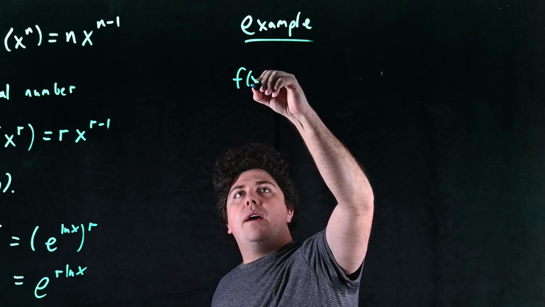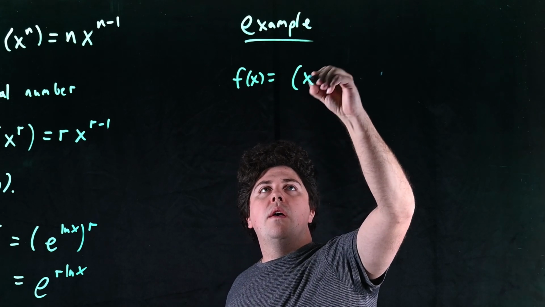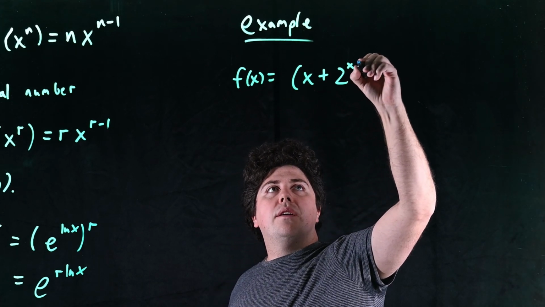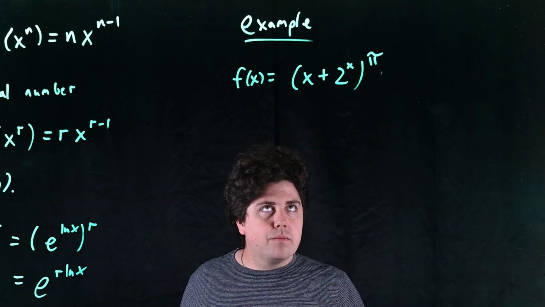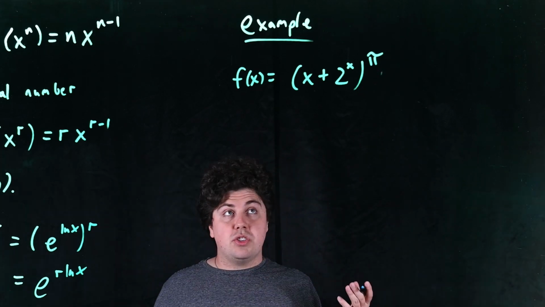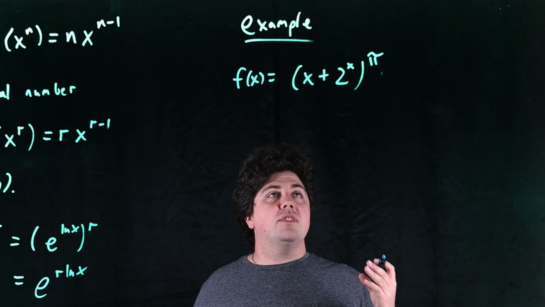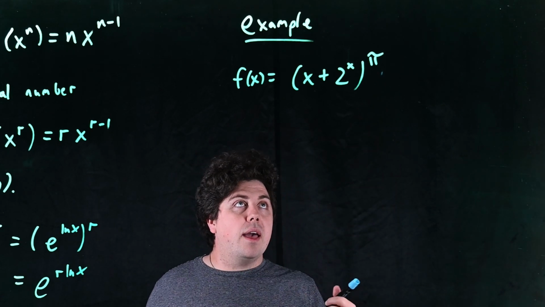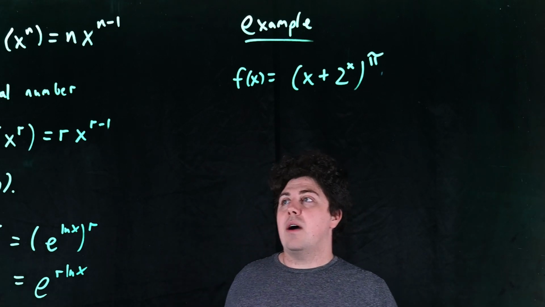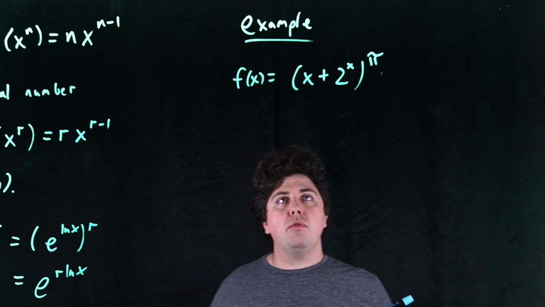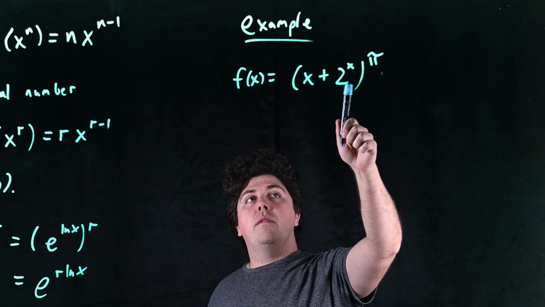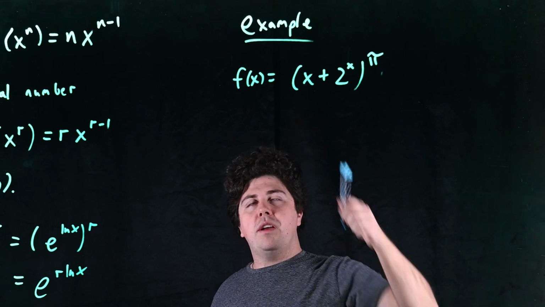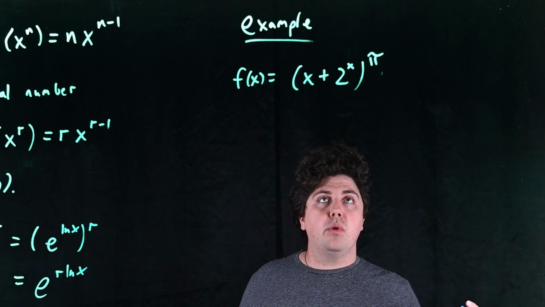Let f of x be equal to (x plus 2 to the x) to the power pi. This is a strange sort of thing. We can't use standard factoring or binomial anything because we're raising this to the power pi. But of course, now that we have this rule and the chain rule, as well as knowing this from this video and previously, we can differentiate this whole thing.